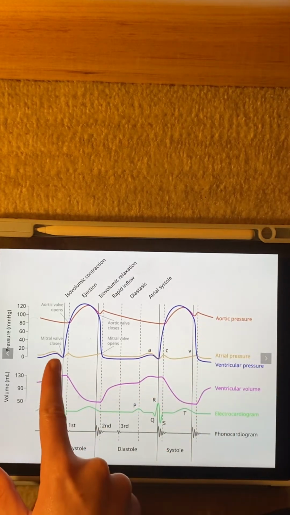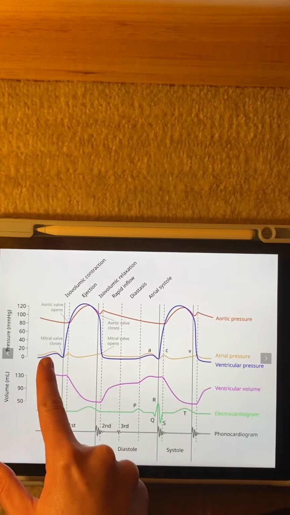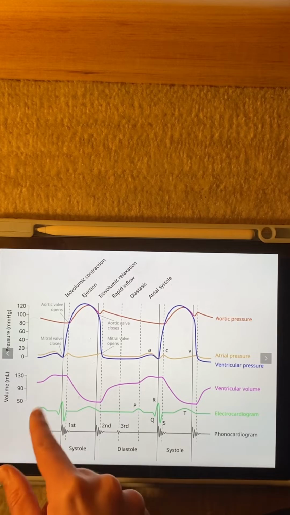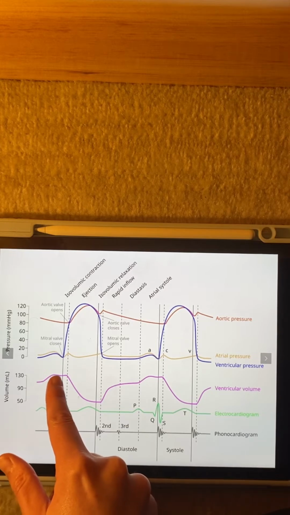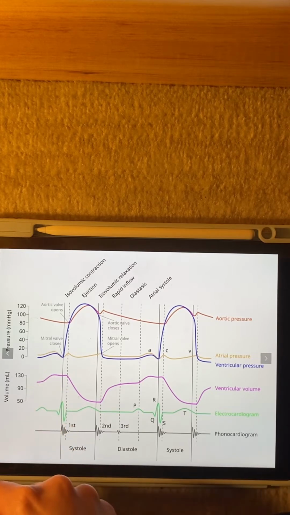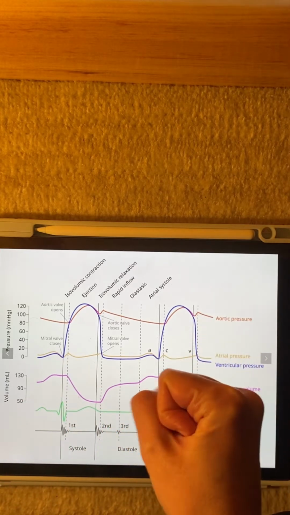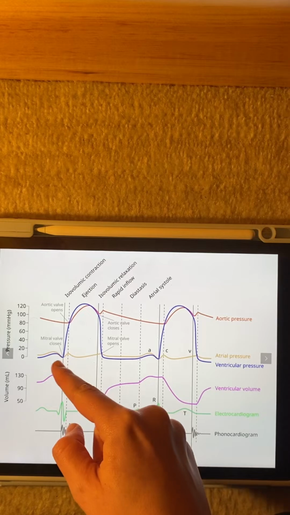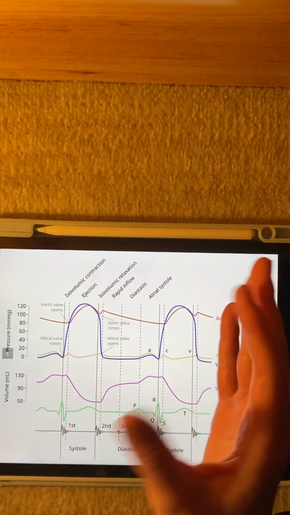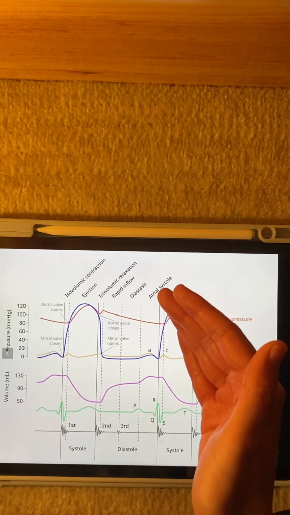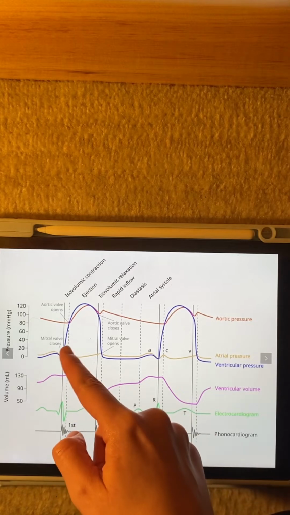We can see that right here through that last little bit of atrial pressure rising, and that last little rise in ventricular volume. Now, once atrial contraction is completely complete, our mitral valve closes. So now nothing more can come from the atriums into the ventricles because that valve is closed.